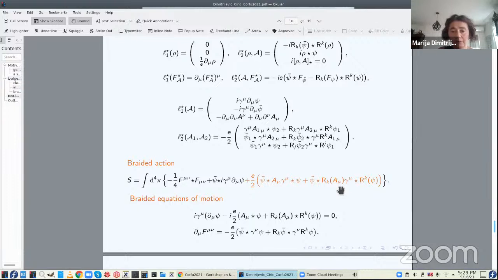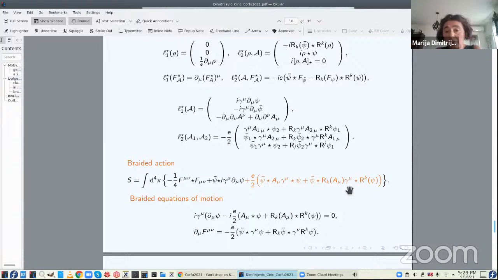What is nice about this braided electrodynamics is that it remains a U1 gauge theory. So it does not become a non-abelian gauge theory like you have for a star gauge, I don't know, deformation of the U1, which means that there are no interactions of the photon by itself. So there is no free photon vertex, no photon vertex if you want to quantize it later.